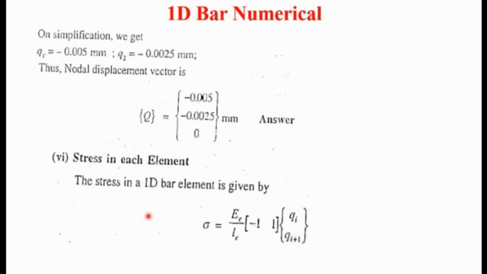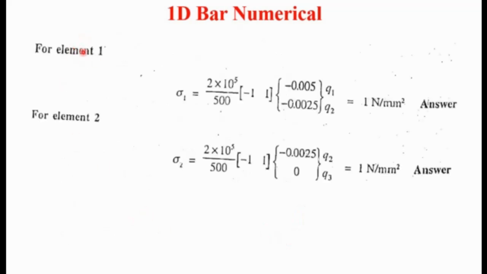So the stress in the first element, sigma 1, equals E1, that is 2 into 10 raised to 5, divided by L1, which equals 500, into the matrix [-1 1], into q1 and q2. Here q1 is -0.005 and q2 is -0.0025.